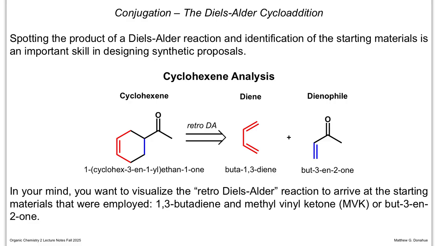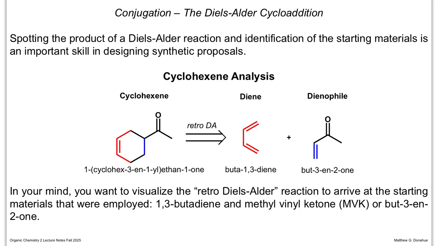So as I said, we want to recognize, given a product or a target, what is the pattern that will tell us we can use a Diels-Alder reaction. So the backbone of that cyclohexene that shows you the red carbons, that comes from the diene. The blue carbons come from the other partner, which is called a dienophile.